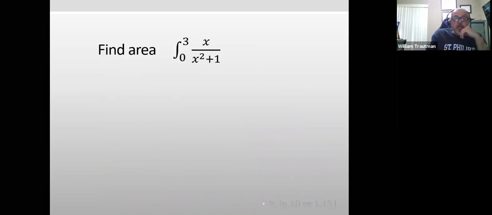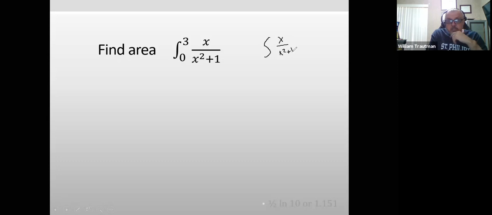Okay, in this problem, it says find the area between 0 and 3. We'll do that, but first we're going to integrate this. Let's just look at integrating x over x squared plus 1.